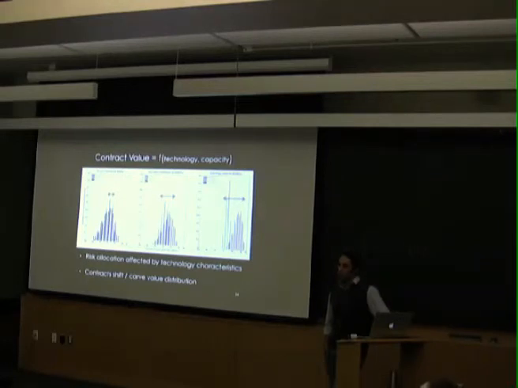So you were talking about before, there's a geographic difference in the type of technology used and the size of the plants. And I'm wondering if you've looked at whether there's a geographic difference in the types of contracts that are pursued and whether that's a confounding variable in the previous classification.